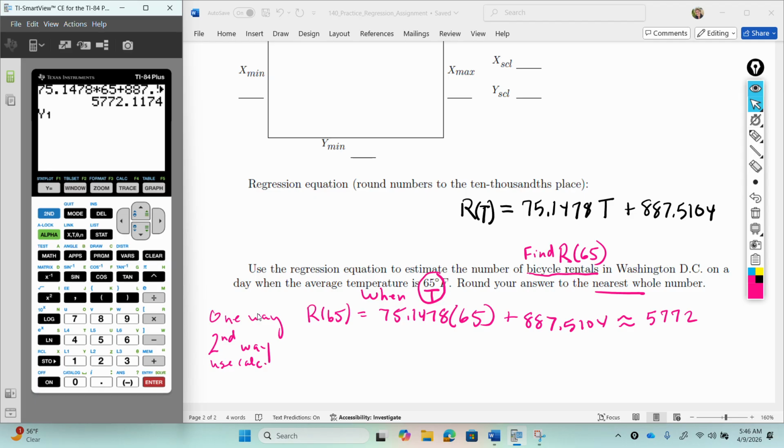Well, I want to evaluate that Y1 at 65. So Y1 is where they've stored R in your calculator. So I need to provide the 65 in parentheses. And then I'm going to press enter. Okay. And you see I get the same number, rounded. So either way, I get the same number.